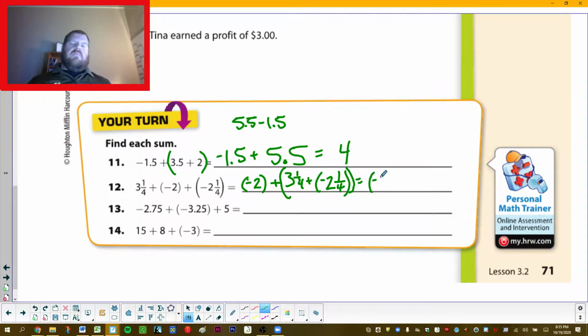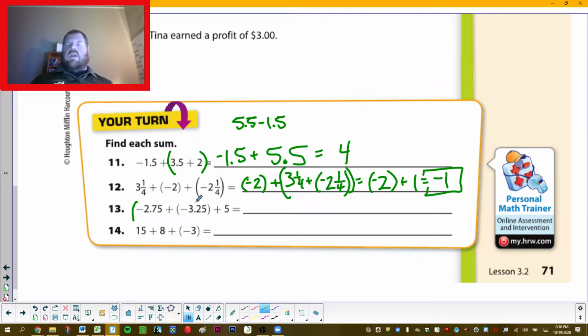So this problem comes down to -2 plus 1. -2 plus 1, you can think about subtracting them. You get 1, and since the 2 is the bigger number and it's negative, my answer is -1. A little bit of work there, but it's okay.